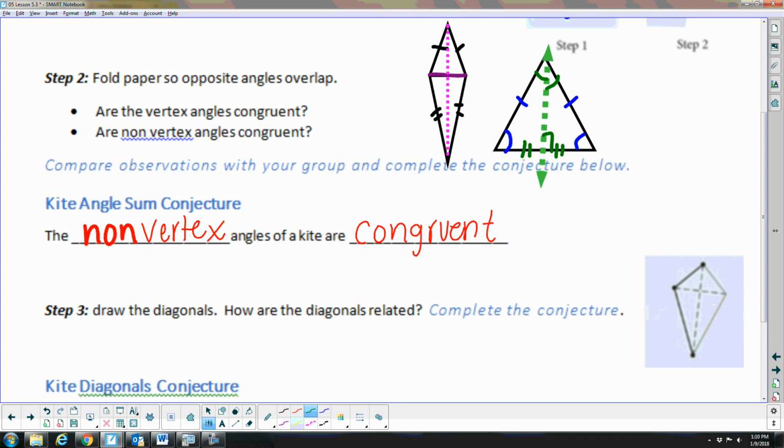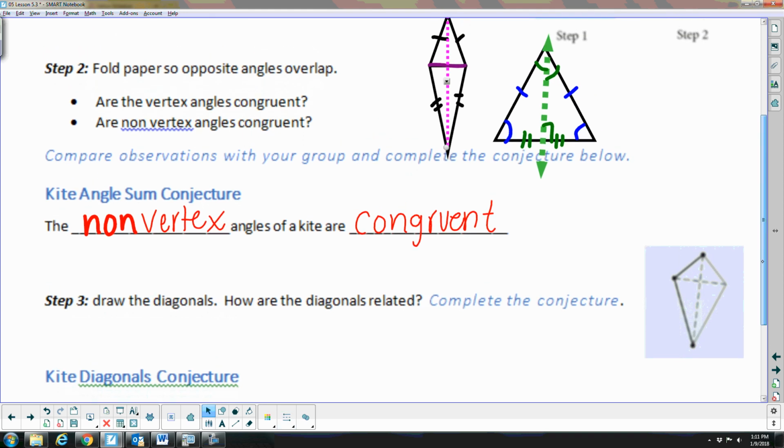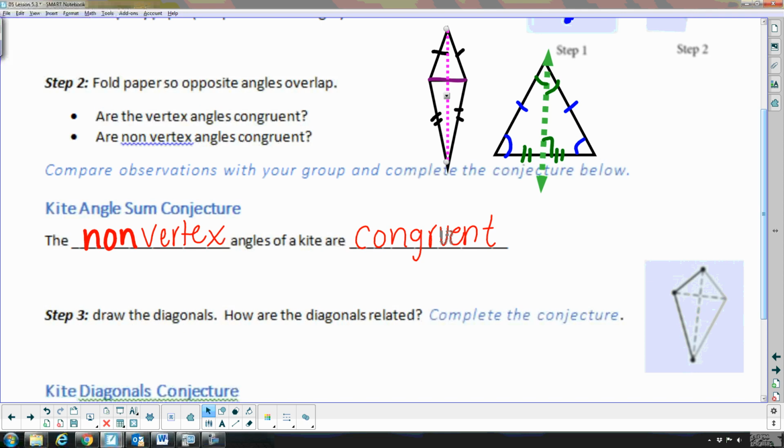So if you look at that purple diagonal connecting the vertex angles, what's going to be true about it? And this gives you the kite diagonals conjecture. Well, if this is a diagonal connecting the two vertex angles, it's going to be the angle bisector of both vertex angles, and it's going to be the perpendicular bisector of the base, which in a kite, the isosceles triangles share.